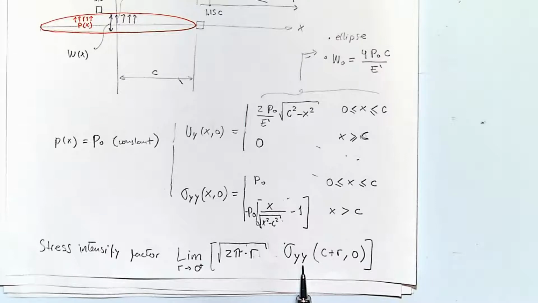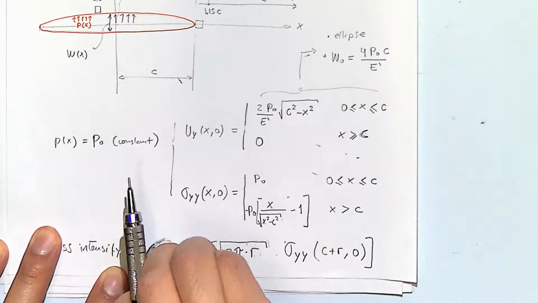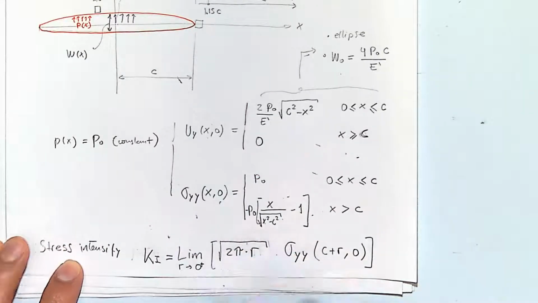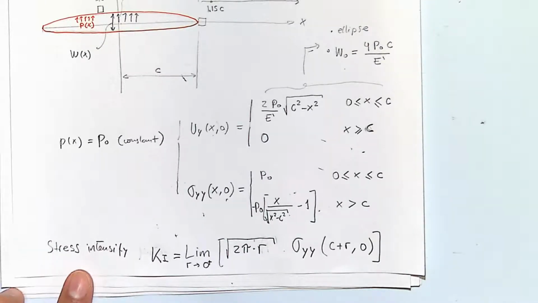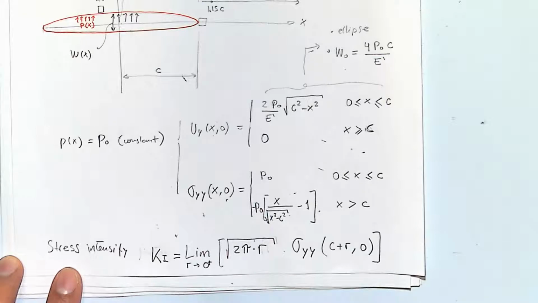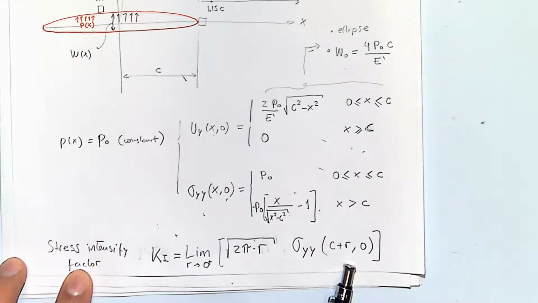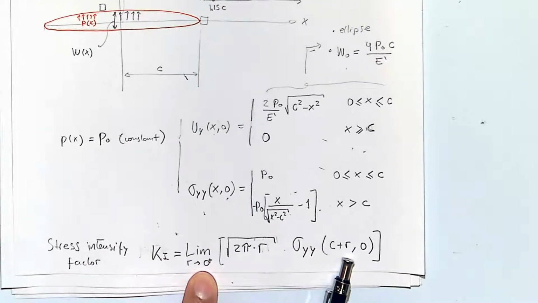So I want you to tell me what is the stress intensity factor. Actually, I forgot to put the definition. This is K_I. I want you to tell me what is the stress intensity factor for a fracture which is pressurized at the constant pressure P0 with the length C. So you just have to put this sigma yy in there and take the limit as R tends to 0 from the right.